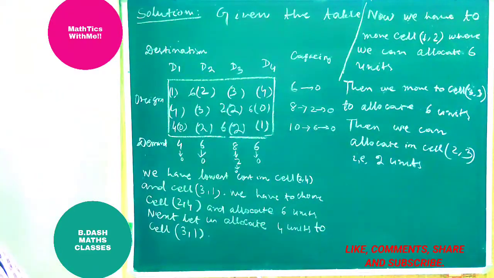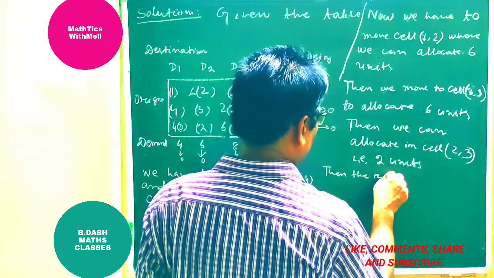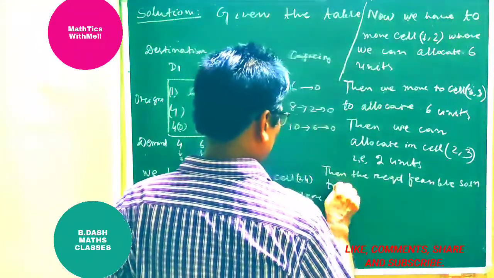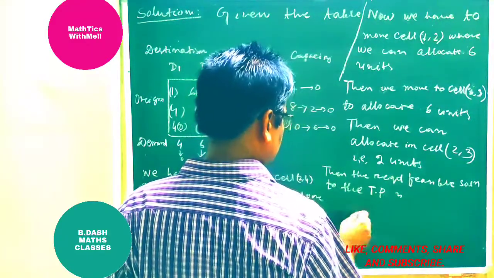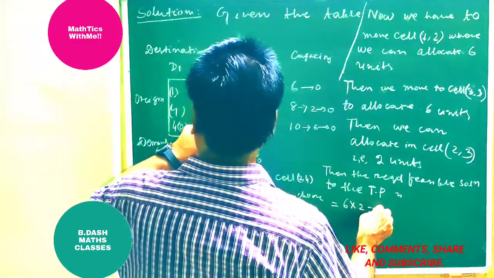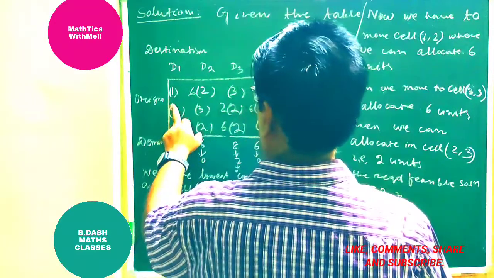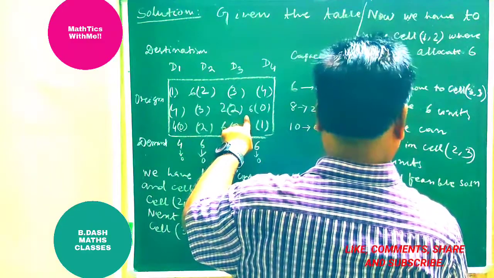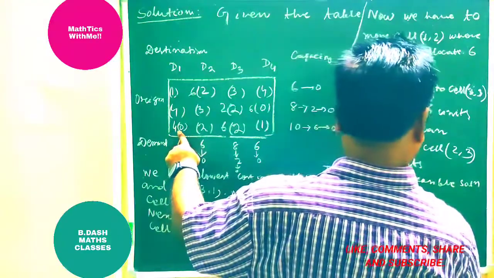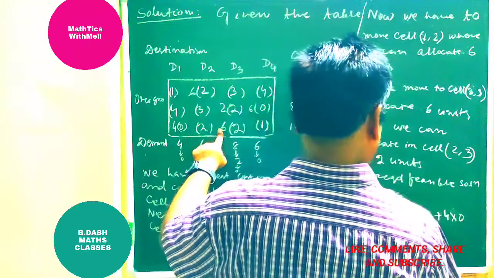Now the feasible solution to the transportation problem is equal to 6 into 2, plus 2 into 2, plus 6 into 2, plus 2 into 2, plus 6 into 0, plus 4 into 0, plus 6 into 2.